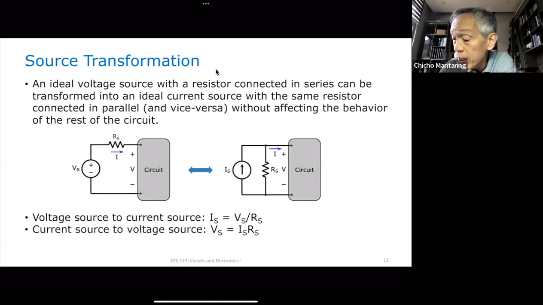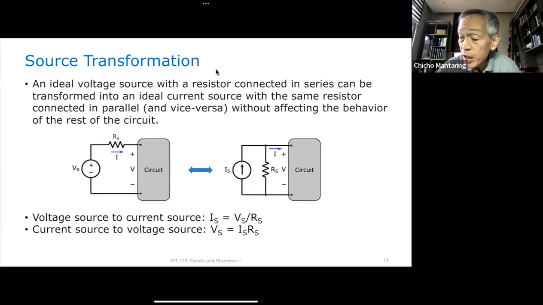So I can transform this into this, okay, so that if this circuit here is the same as this circuit here, that circuit cannot tell the difference whether it is the voltage source in series with RS or the current source in parallel with RS. Meaning to say, this and this are equivalent. And you call that source transformation.